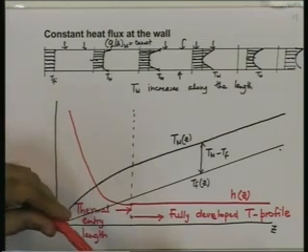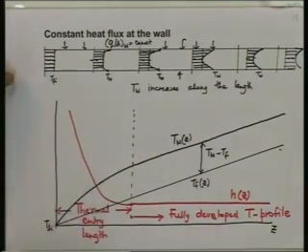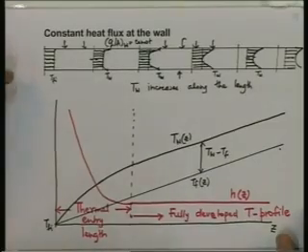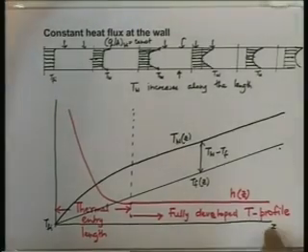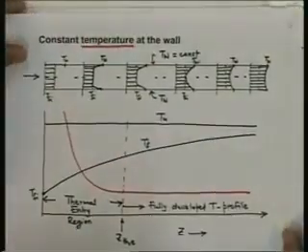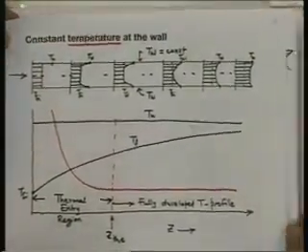Now, we have qualitatively mentioned a fully developed temperature profile in this case as well as in the earlier constant wall temperature case. It is time for us now to look at a quantitative definition of the fully developed temperature profile.